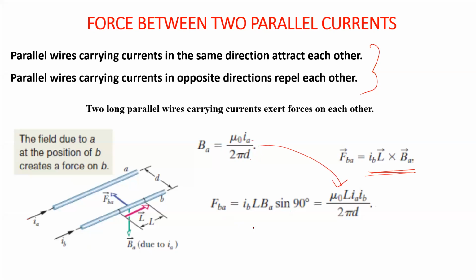So this is the formula: mu 0 L I_A I_B divided by 2 pi D, where I_A is the current in conductor A, I_B is the current in conductor B, and D is the distance between the two conductors.